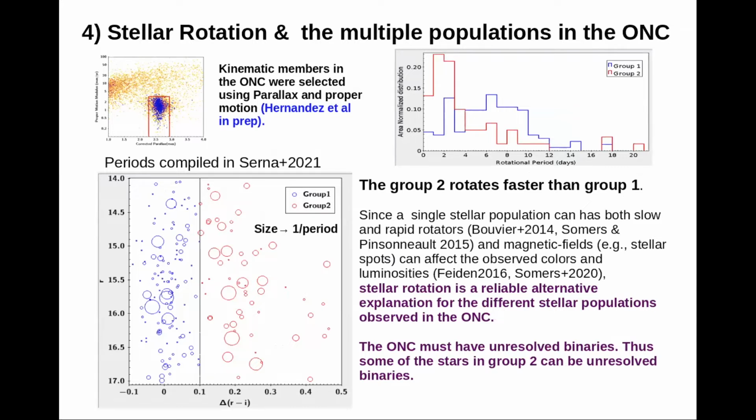First, we select kinematic members based on the distribution in parallax and proper motion modulus. And then we cross-correlate with the compilation of rotational periods that Javier Serna did in this work.